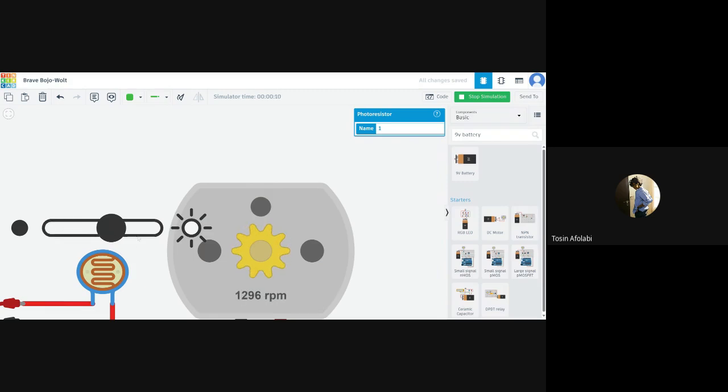And when we increase the light that the resistor takes in, it increases all the way to the limit that this motor can take, which is 1973 revolutions per minute.